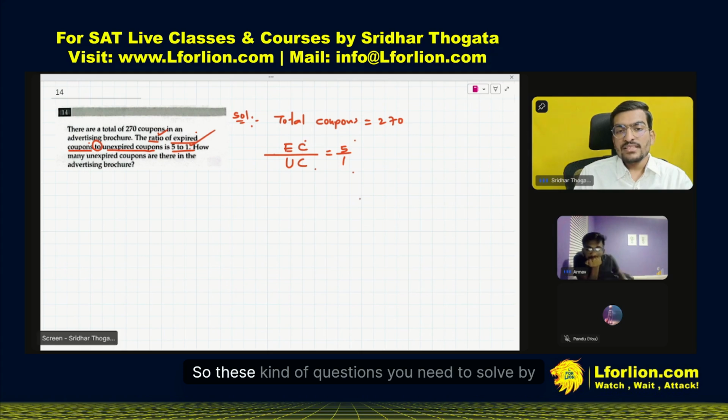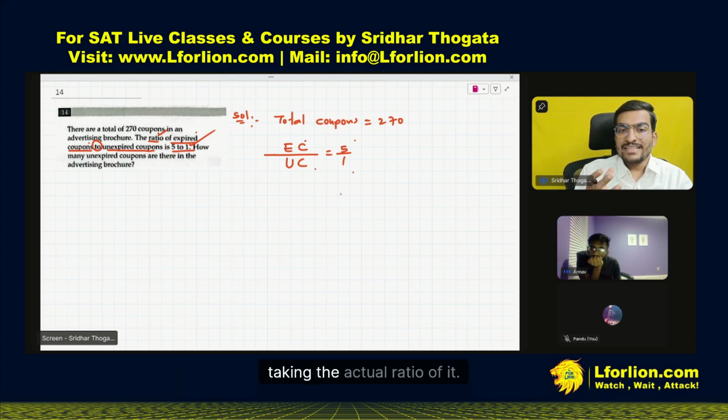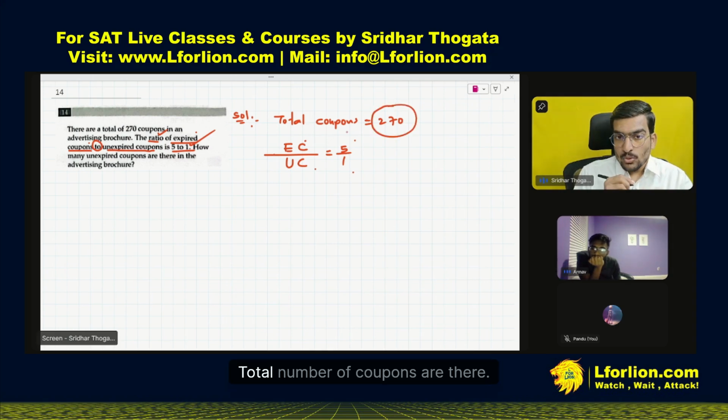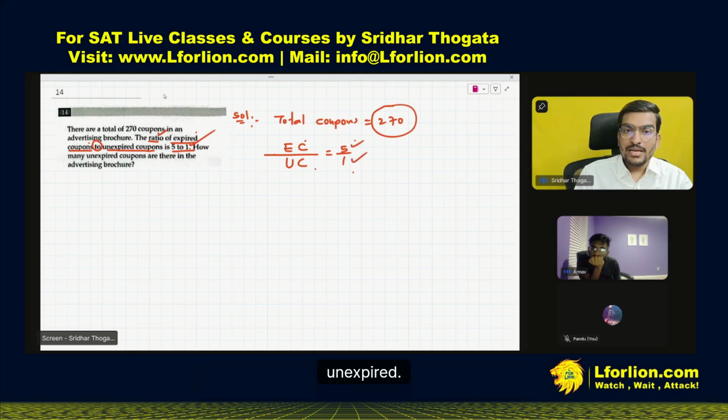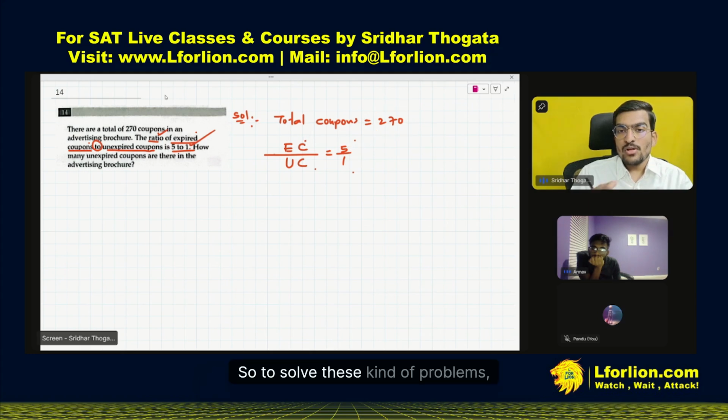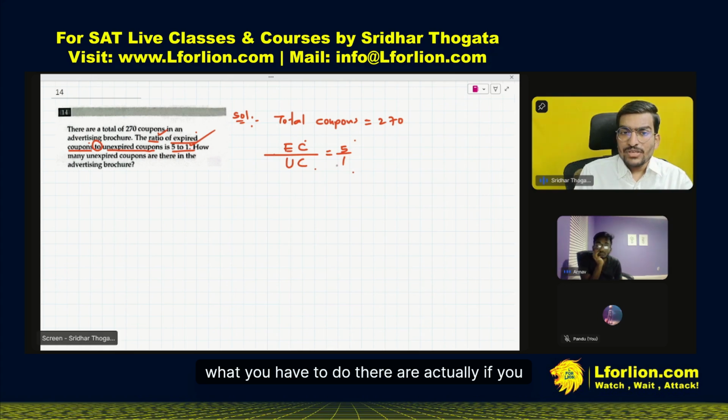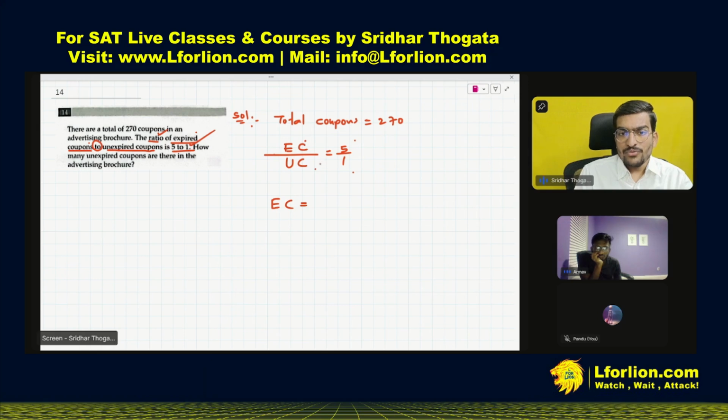These kinds of questions you need to solve by taking the actual ratio of it. They've given the total number of coupons, and in that some are expired and some are unexpired. To solve these problems, if you write expired coupons in complete form, that will be 5 divided by 1 plus 5.